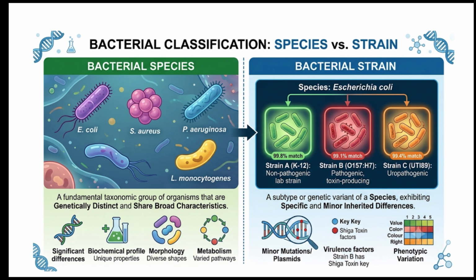When we look at the genomic DNA of the bacteria, the average nucleotide identity between the two bacteria is very important; we call it ANI, average nucleotide identity.